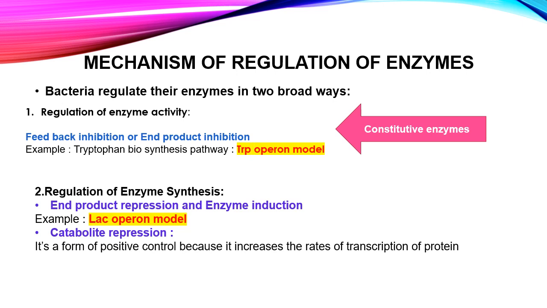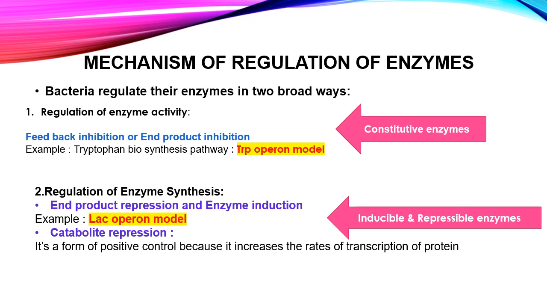It means that a particular substrate is triggering the enzyme synthesis. So, a substrate is triggering its own enzyme synthesis. So, it is basically dealing with the inducible and repressible enzymes. So the best example here is our famous OPERON model.